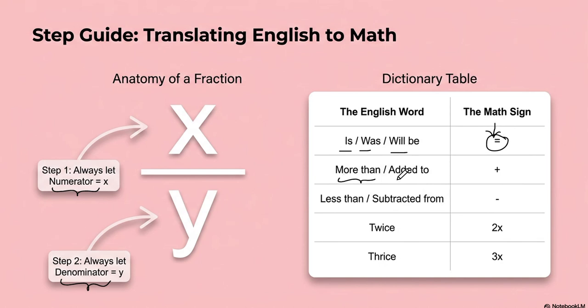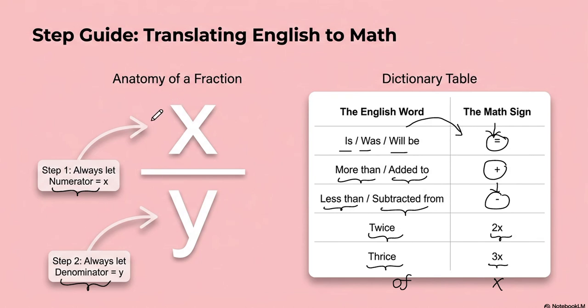For more than or added to, we use the sign plus. For less than or subtract from, we use the sign minus. Twice means we multiply by 2, thrice means we multiply by 3, and so on. Similarly, the word of means multiplication. These are the key words and how to convert them into mathematical signs, which is very important.